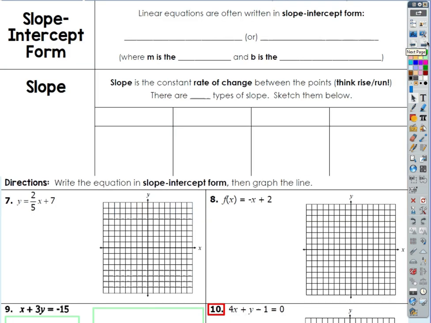So then, the form that you're more familiar with is slope-intercept form. You guys already told me what that is, right? Yeah, y equals mx plus b, and you're real familiar with that.